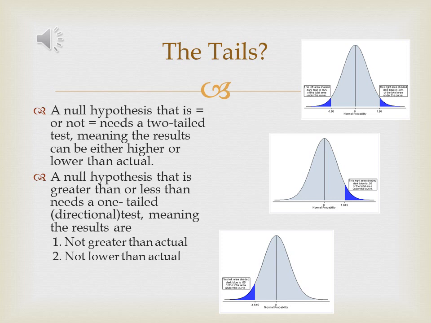And when we're doing a one-tailed test, what we do is we take all of the probability, all of that 0.05, and we put it on one side of the bell curve. So if it's greater than, then we would put all of that 5% probability on one side of the curve. If it's lower than, we'd put all of that 5% on the other side of the curve.